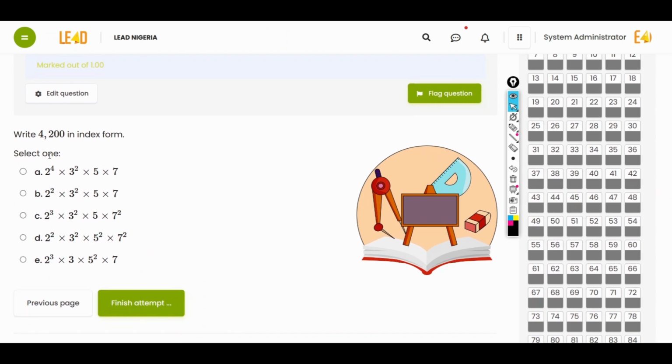Okay, finally, the last question says write 4,200 in index form. So I'll use the tree method I always use. I can split this into 42 times 100. Then I can further split 42 into 6 times 7. 7 is a prime number, so I can circle that.